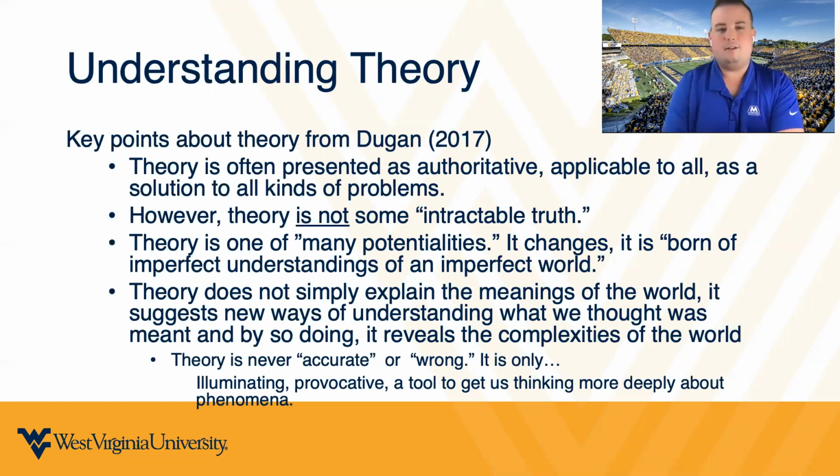But Dugan says, theory is often something that we present as a society as authoritative, applicable to all situations, a means to an end for all of these problems that we have in society. We often take these theories from scientists and historians and people of what we would call higher regard in society, and we take them as truth. But in reality, theory is not some intractable truth.